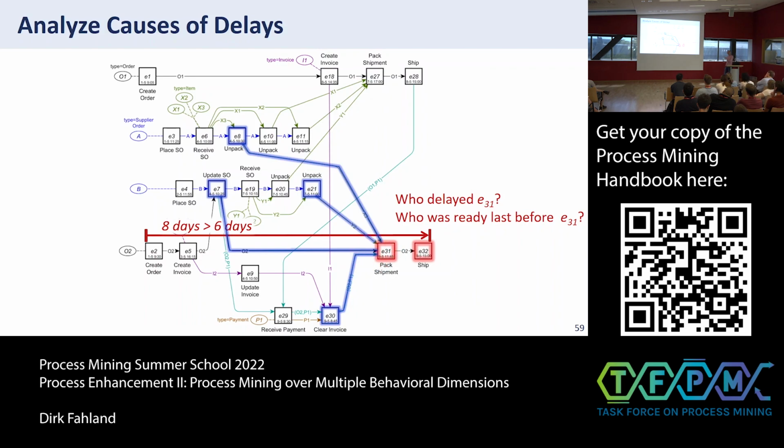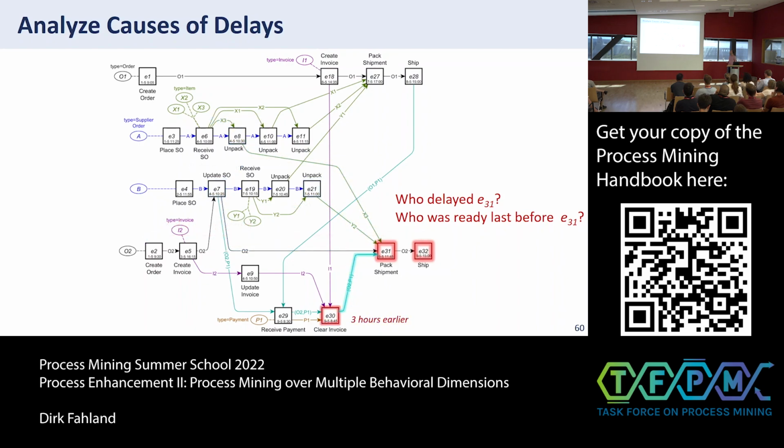So if I always look for each event at the one that was the last one to finish before mine, I can build up this chain, this wait chain, right? So this one was 3 hours earlier. If I go back in time, E29, E28, E27, E20, E19, E7, E5, E2. I'm going to analyze this path that goes across all these different entities, look for anything unusual.